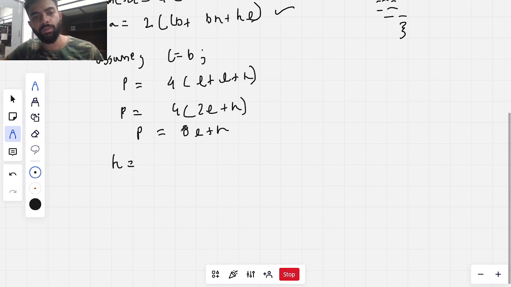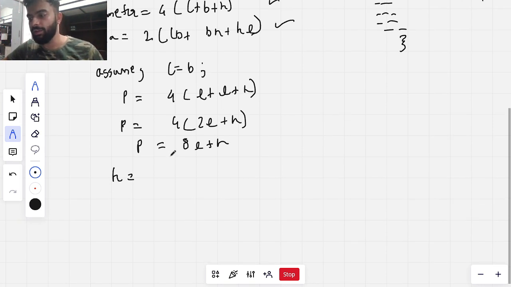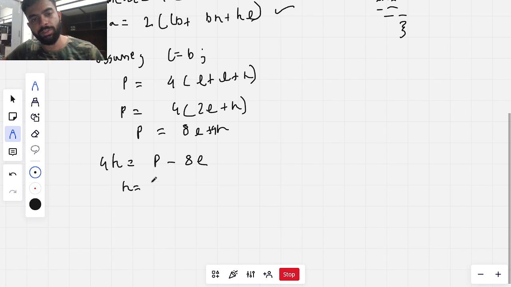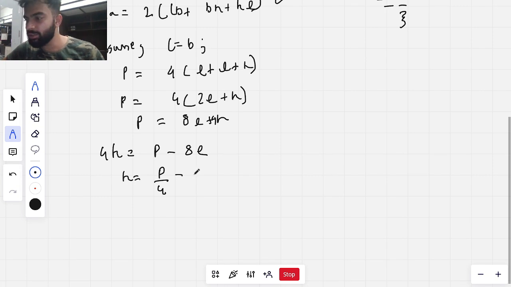So if I want to find the value of H, I can write 4H equals P minus 8L. Dividing by 4, H equals P by 4 minus L by 2, since 8 by 4 is 2L.